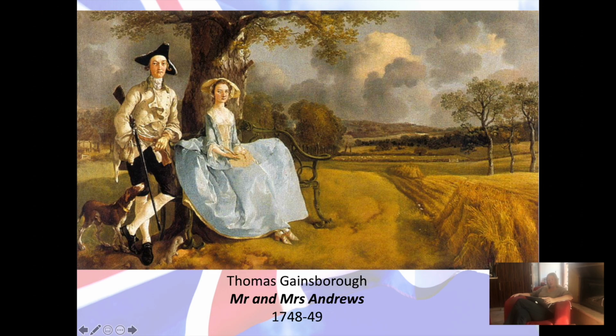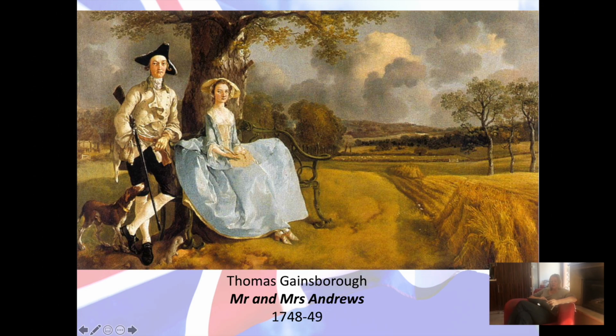There is a patch on the lap of Mrs. Andrews that is missing, and we may try to think what was there. And I usually at this point ask the students to guess what there could be. Some say a bouquet of flowers, some say a book.